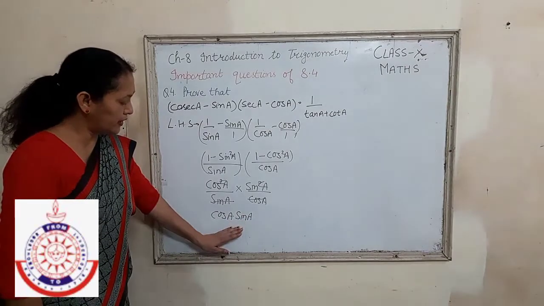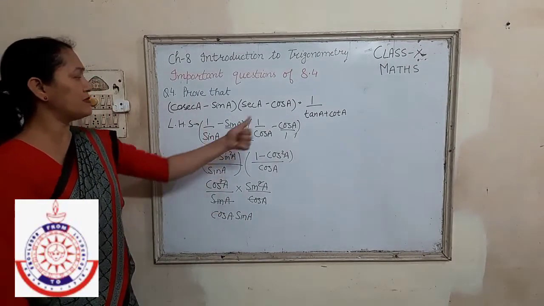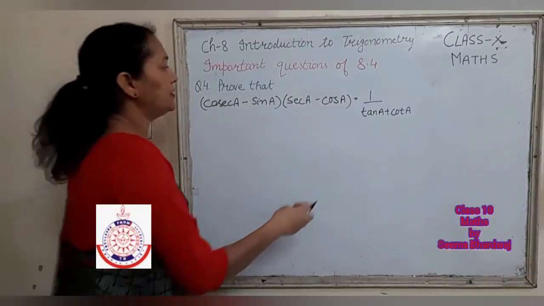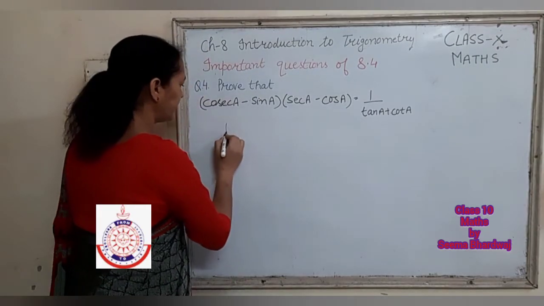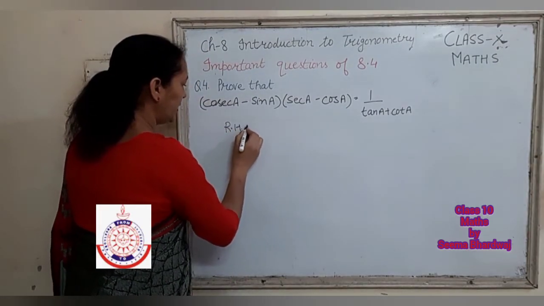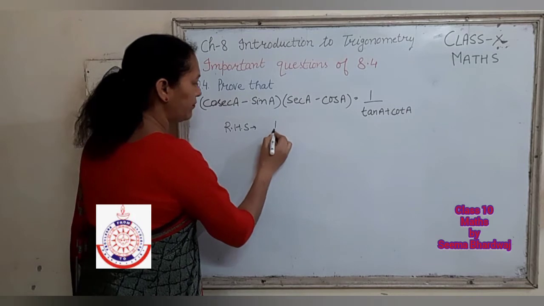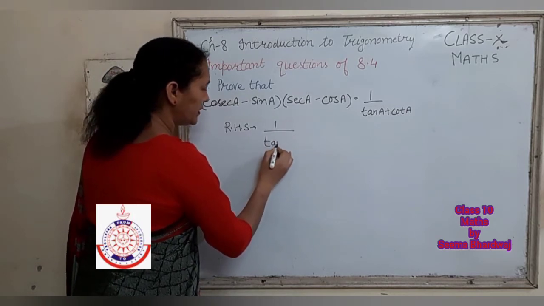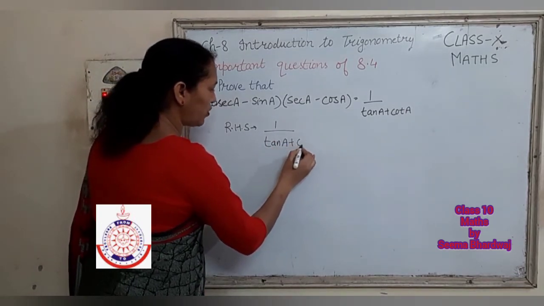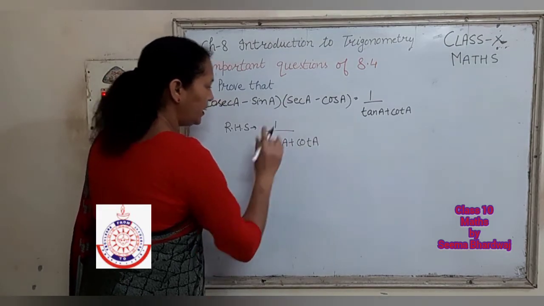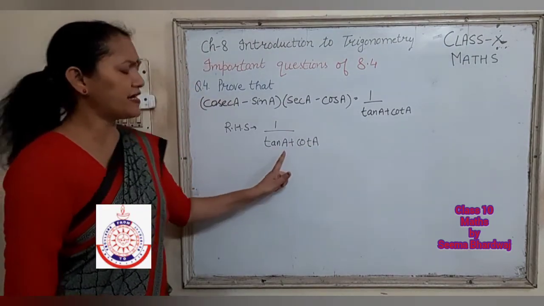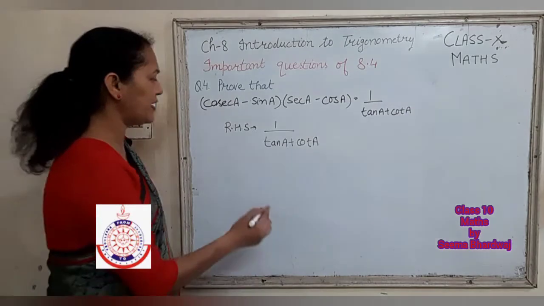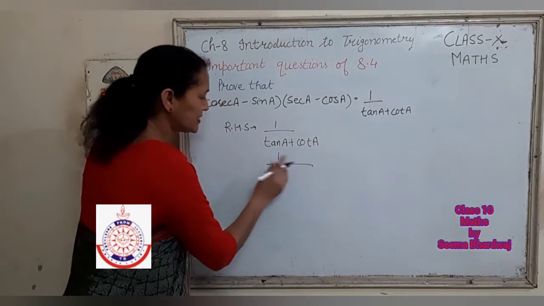Now after solving left hand side, we will be starting with right hand side. In right hand side we have 1 upon tangent A plus cot A. Now we can rationalize also, but easiest way is to see.